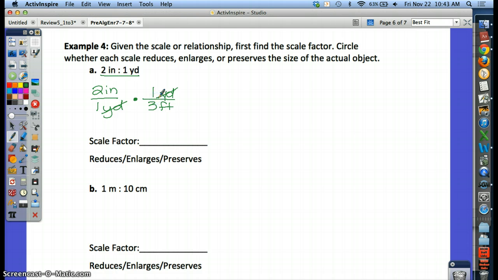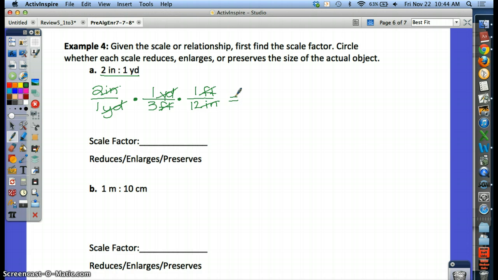You need another conversion factor here. So you're going to multiply by something else. In order to cancel feet, it would have to be on top. And I can convert feet to inches, which is what I want because I want to cancel these two. How are those two related? 1 foot is to 12 inches. Now the feet are gone, and actually so are the inches. Perfect. That's how you know you're done, when all the units cancel.